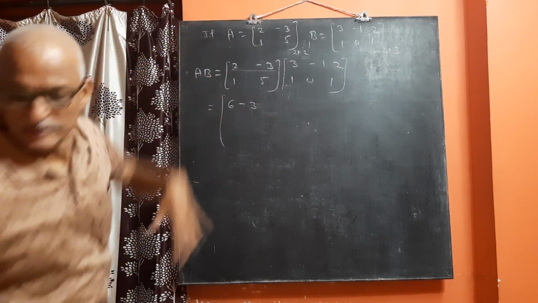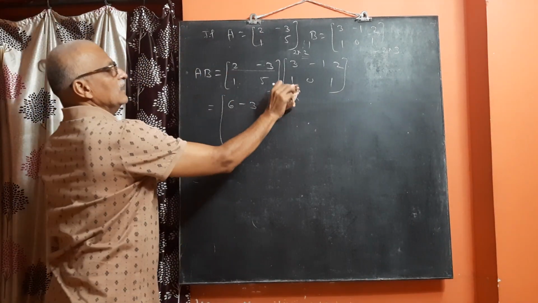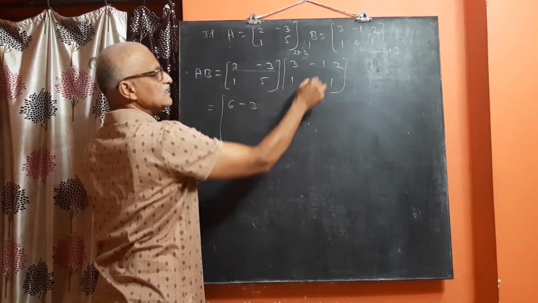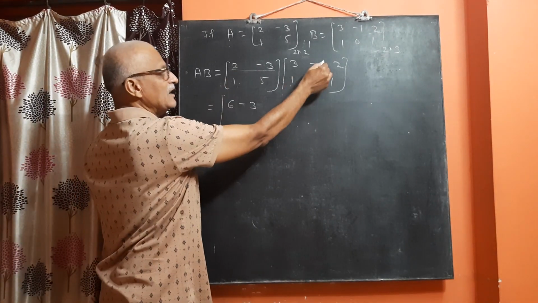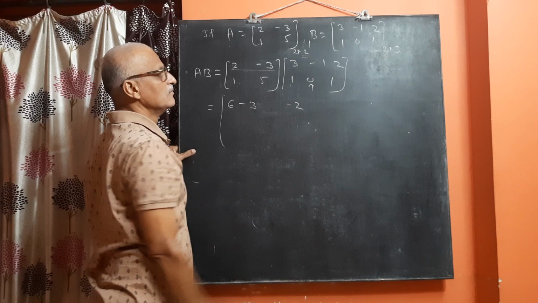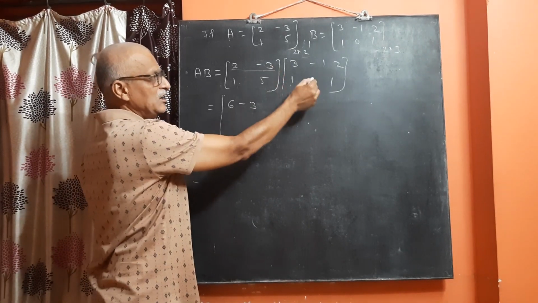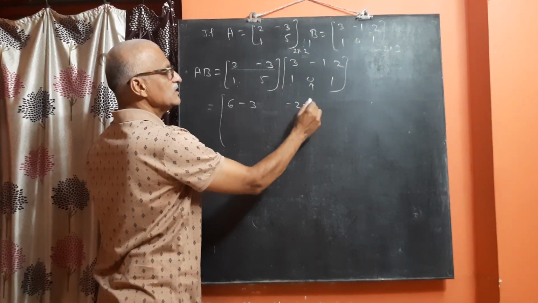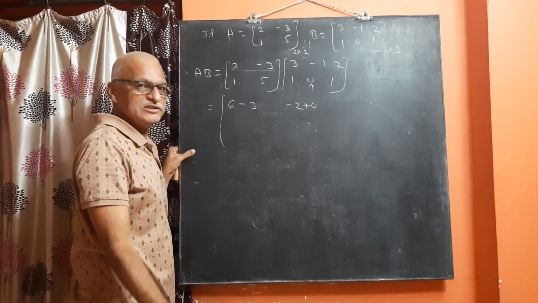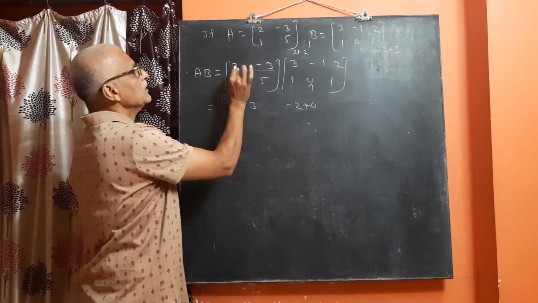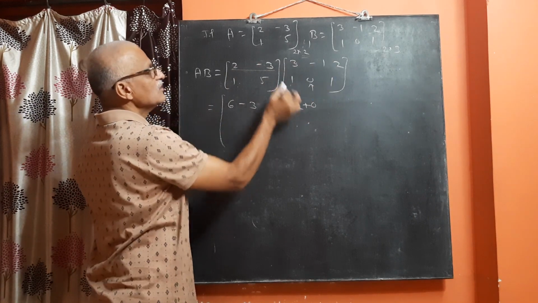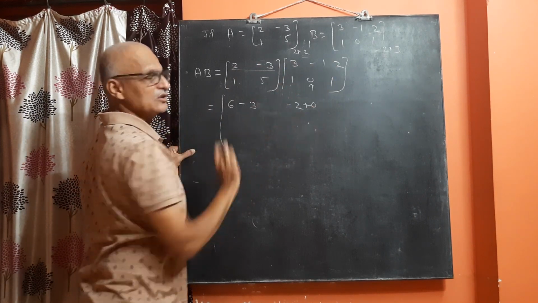Then first row, second column: 2 into minus 1, that is minus 2. Minus 3 into 0, that is plus 0, or you may write minus 0. Plus or minus 0 has the same meaning, so you may put plus or minus. 2 into minus 1 is minus 2, minus 3 into 0 is 0.